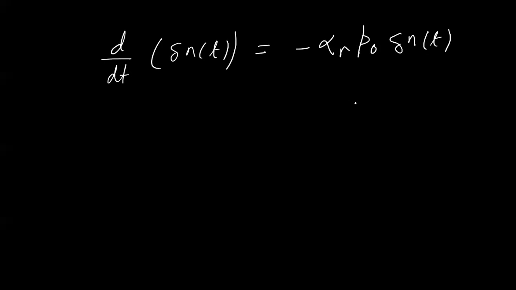So the solution to this equation can be written as exponential decay. As you can see, dx by dt is equal to minus some constant k and x, minus kx, in that form.